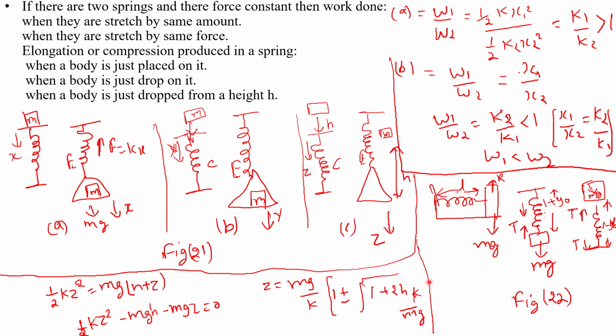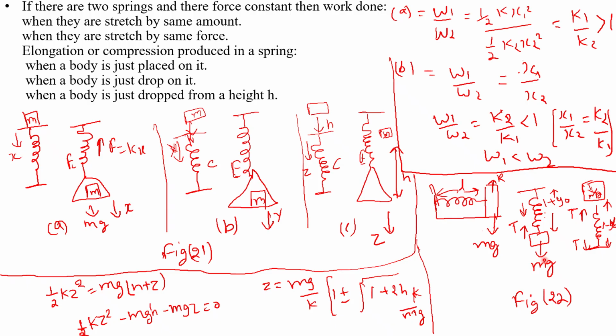Next, if a spring is horizontal and a mass m is attached to it, as shown in this figure, in equilibrium it is unstretched or uncompressed, and so its length will be equal to its natural length, as mg is balanced by reaction R. However, if the system is made vertical as shown in figure b, then in equilibrium its length l dash is greater than l, such that mg is equal to k y naught.